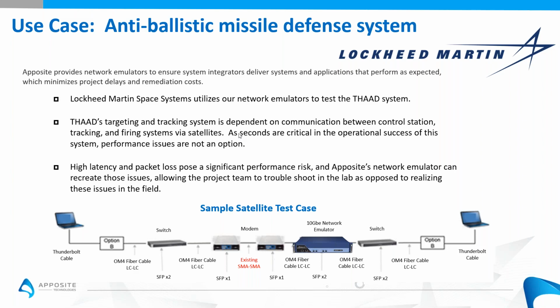So using our 10 gig network emulator, they're able to create that kind of network to test their missile systems. Obviously, it's very important to be accurate and make sure that your missiles land where they're supposed to land.